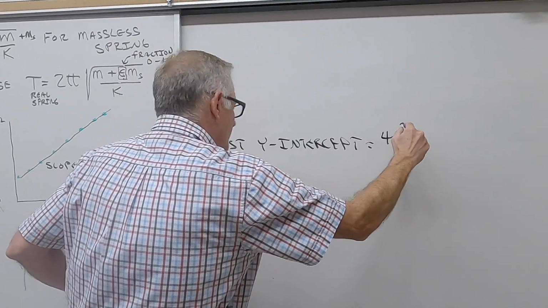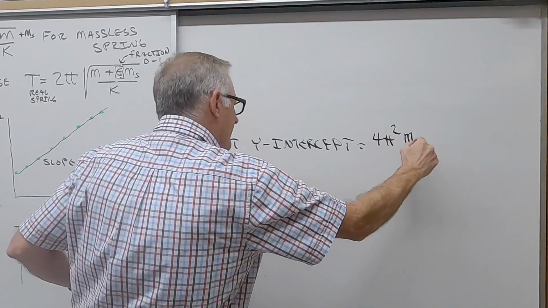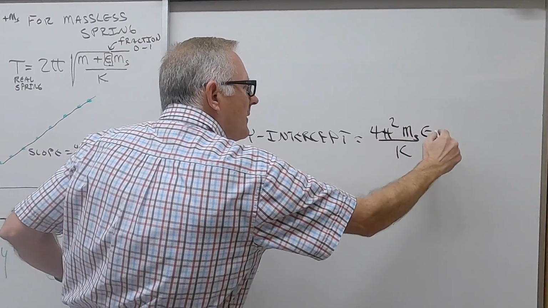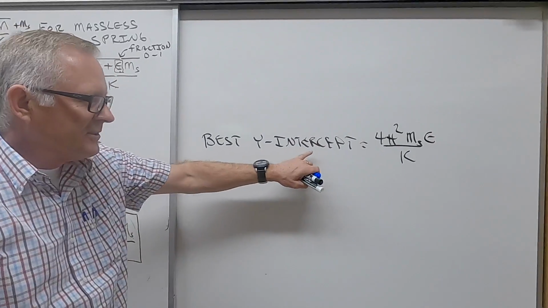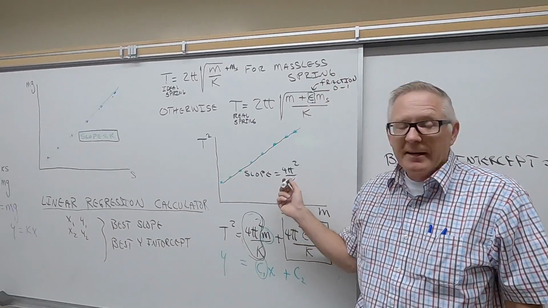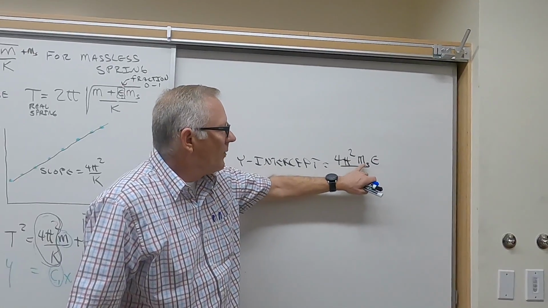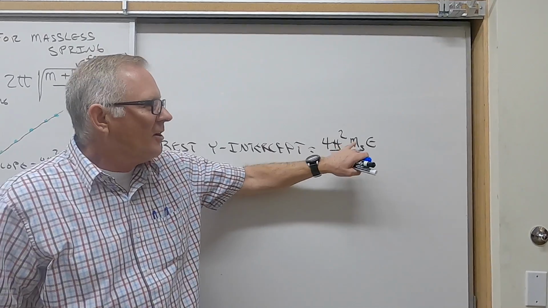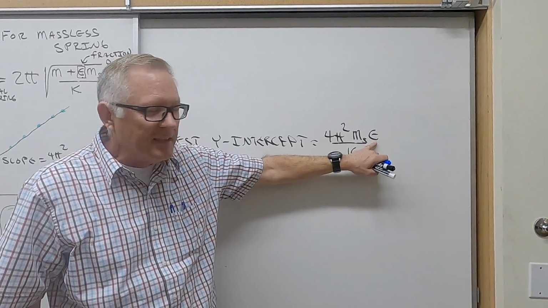Well, we know what the best y-intercept is. We know the k, we'll use the k from right here. We'll measure the mass of the spring in just a minute, and we know 4 pi, so we can calculate that epsilon, and that's what we want.